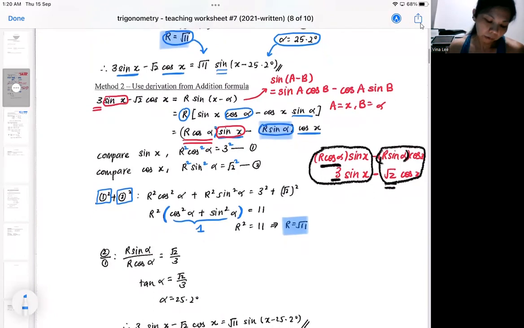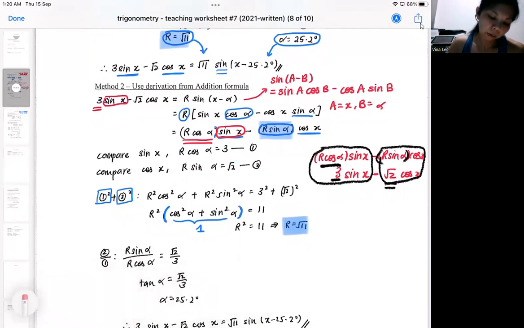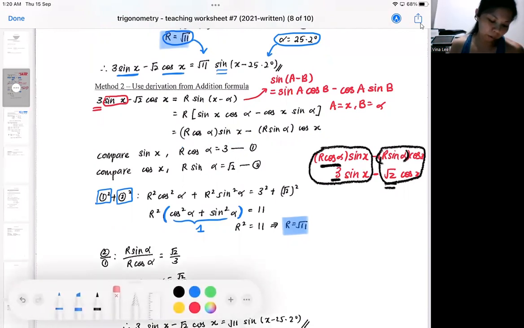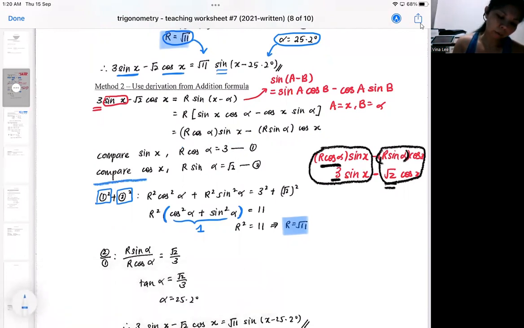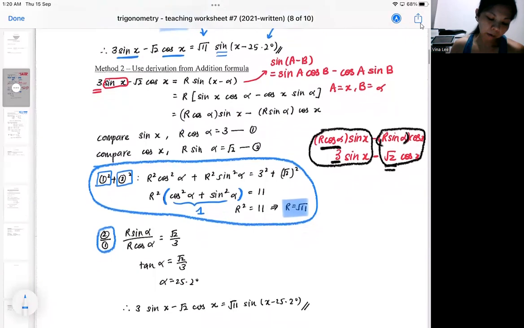After I get the 2 equations, these are the 2 things I will do. I will do equation 1 square plus equation 2 square. And then the second thing is I will take the second equation and divide by the first equation, because when I do that, I will get a tangent.